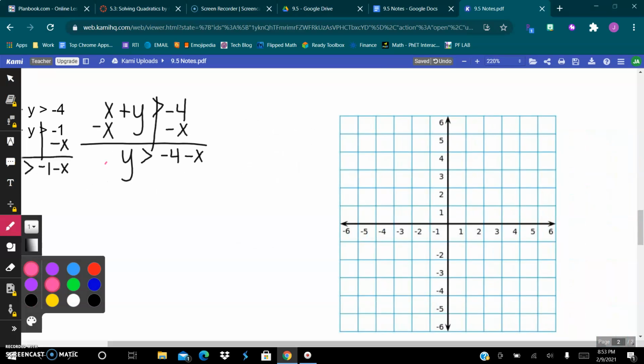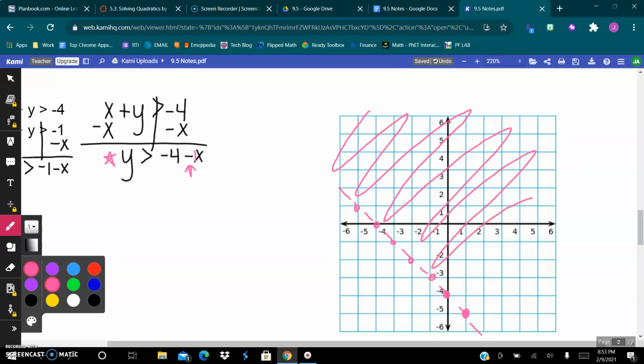We are going to graph this one in pink. -4 would be my y-intercept, and in front of the x is a minus sign, so that's like a -1. My slope is -1, so down 1 over 1. Do a few more points. It's not underlined, so this is a dotted line. And y is greater, so we're going to shade above this line.